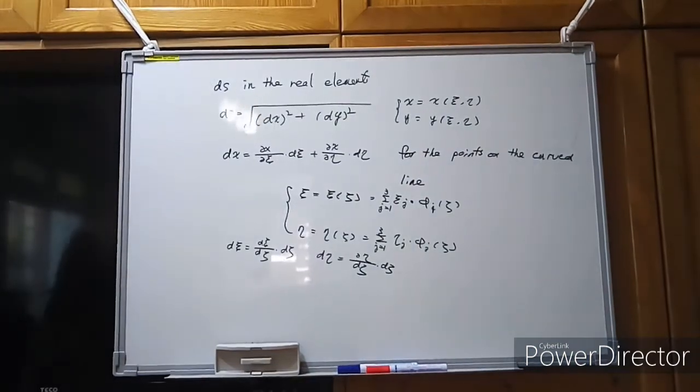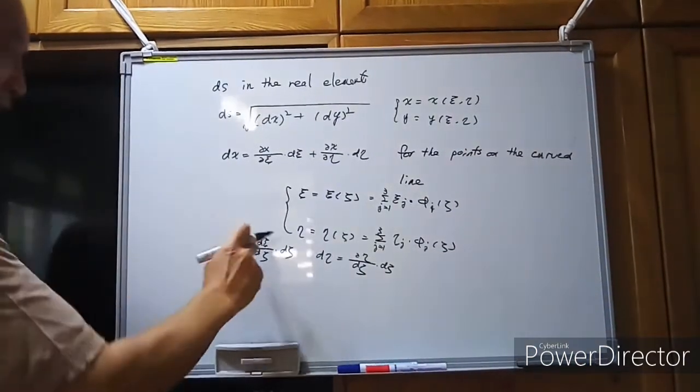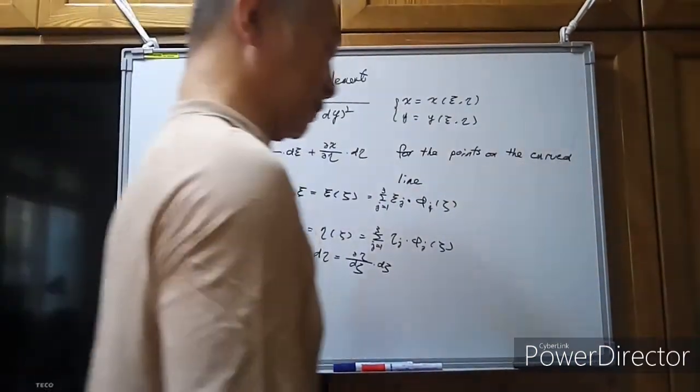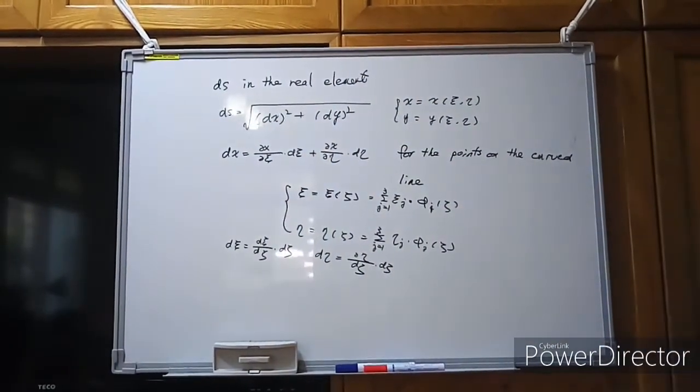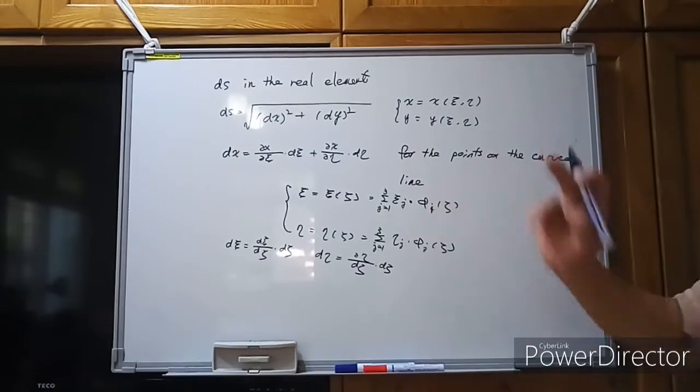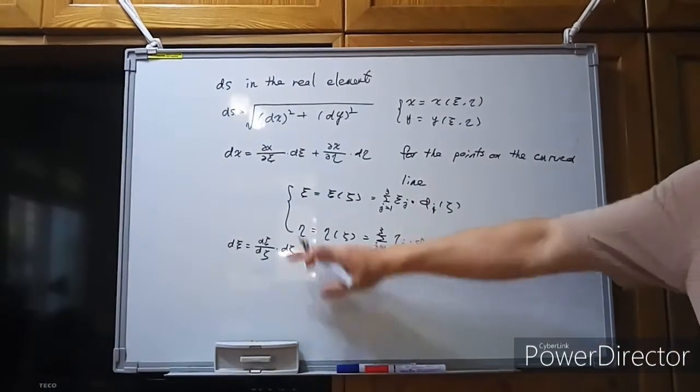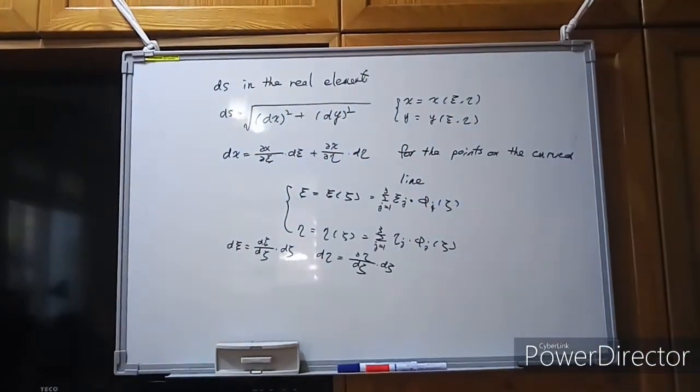We know we can calculate d c over d zeta times d zeta. We can get this. So we can replace these two back into this formula. Then how can we get the dx?